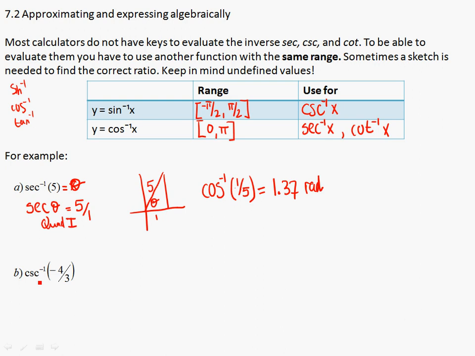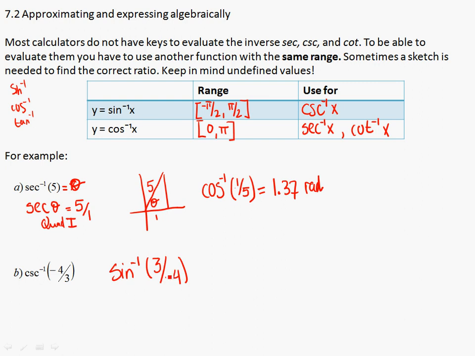Okay, how about the cosecant? The cosecant can be found by using the inverse sine, right? Since that's exactly the way we would expect it, we can just find the inverse sine of what? Not negative 4 over 3, but 3 over negative 4. And obviously it doesn't matter where the negative is.